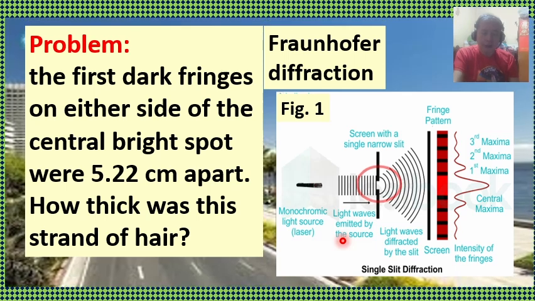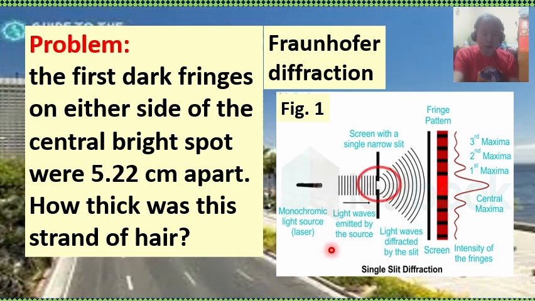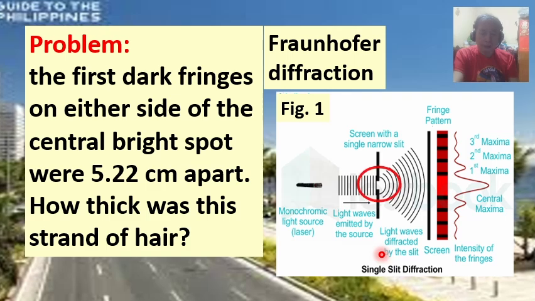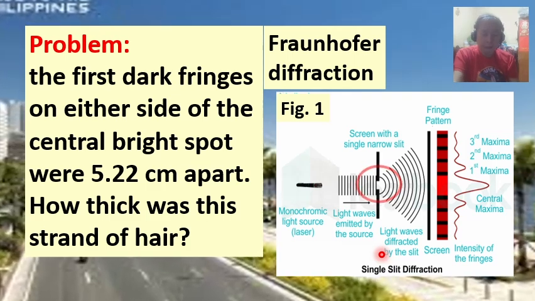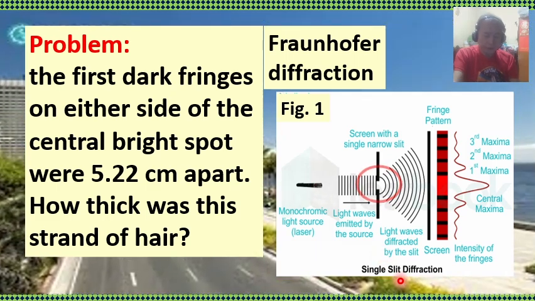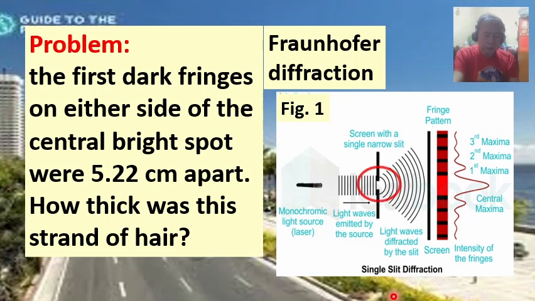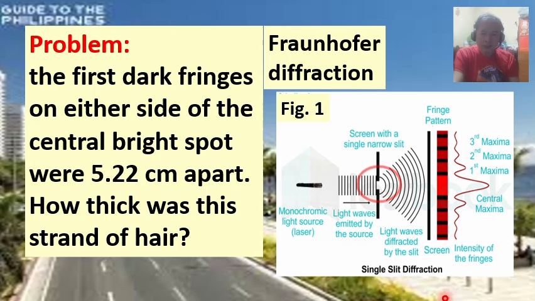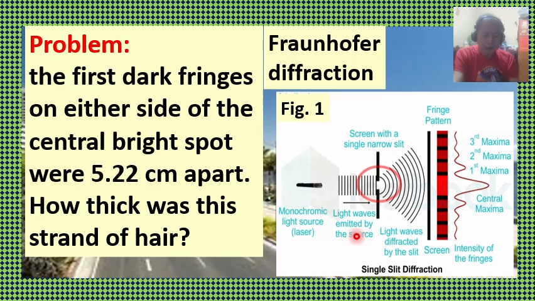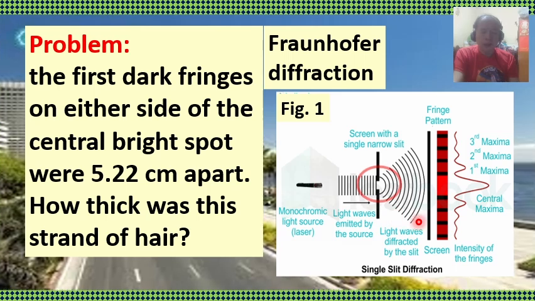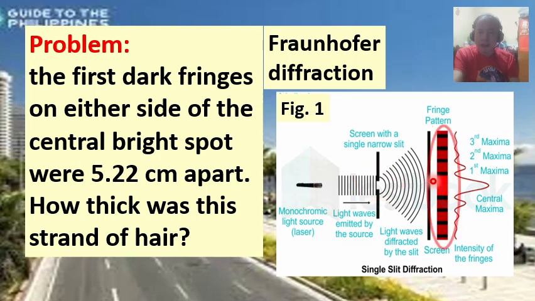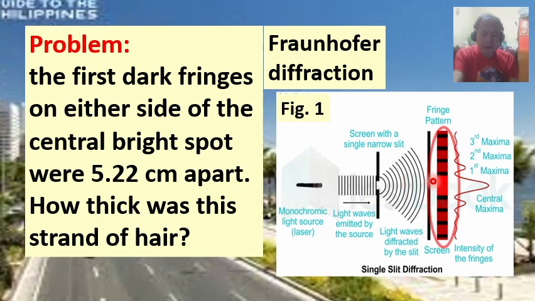So when the light waves emitted by the monochromatic source pass through the single slit, or a very narrow opening, when they reach the screen, they form alternating patterns of bright and dark fringes, right?